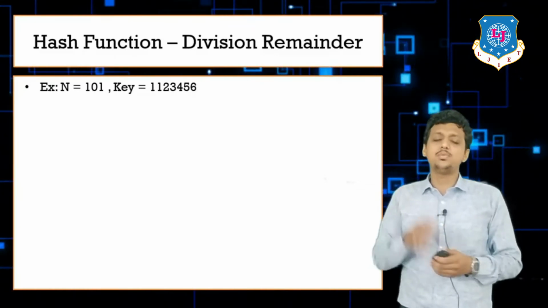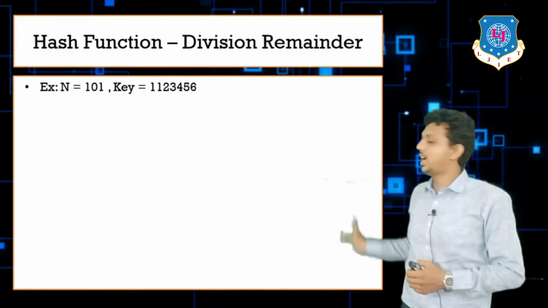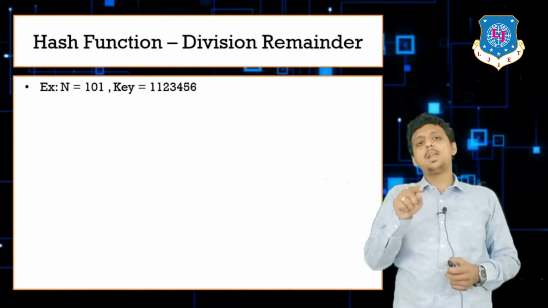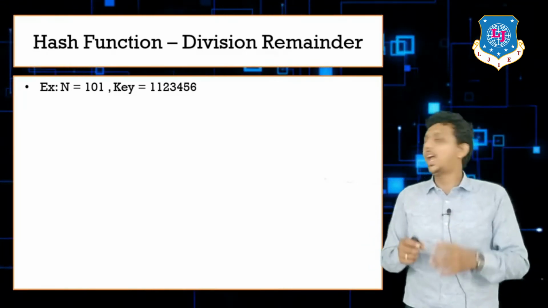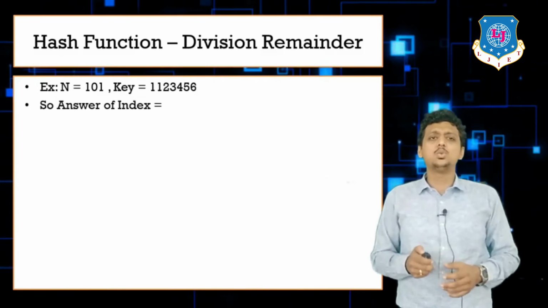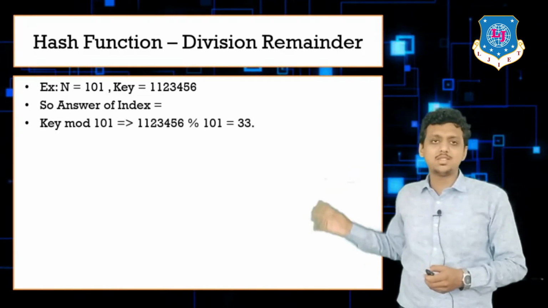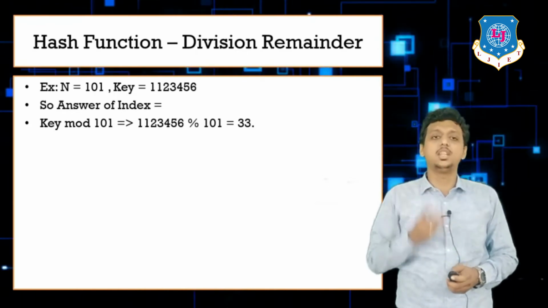So if I want to insert this key into my hash table, how do I do that? First I need to apply the hash function. So my hash function h of k is h of 112356, which is 112356 modulo 101, and that becomes 33.